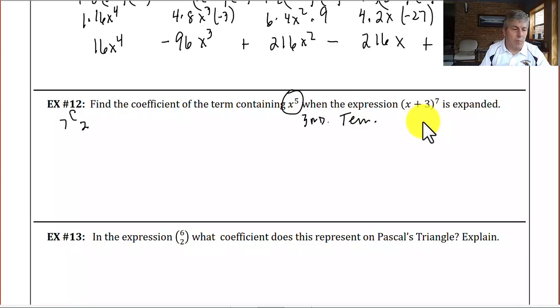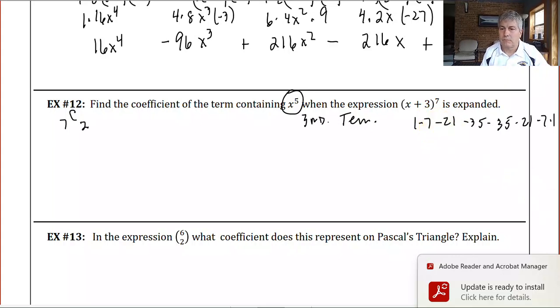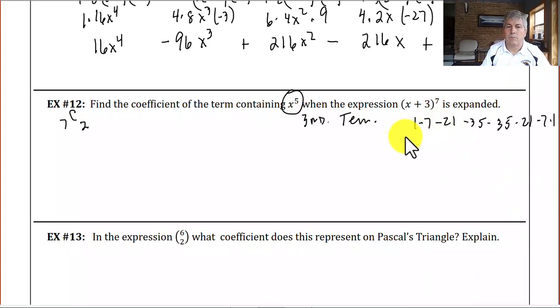If we have Pascal's triangle memorized, this would be our seventh row, and our seventh row goes 1, 7, 21, 35, 35 again, 21, 7, and 1. So that would be row 7. So we know our coefficient here is 21.